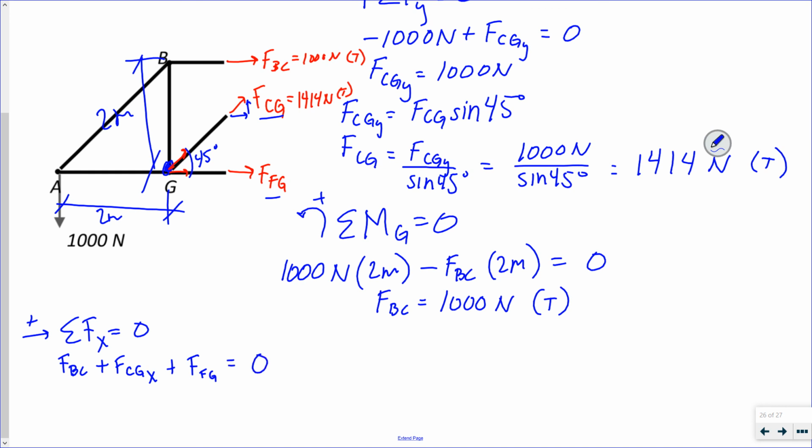I have 1,000 newtons plus 1,414 newtons times the cosine of 45, right? This is 45 degrees, so cosine 45 to get the horizontal component, plus FFG is 0. You've probably figured out by now that it's probably in compression.